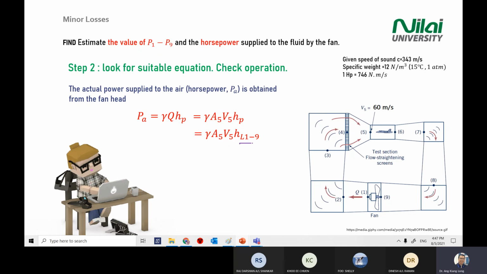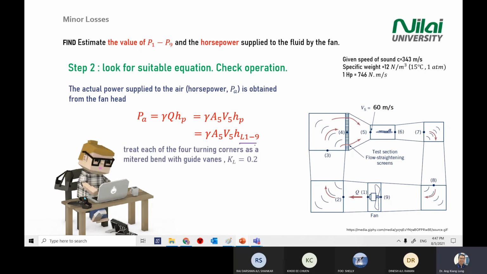Then you need to calculate your HL. Now, for the KL of each corner, the KL for the guide vane, we assume the value is 0.2, using what we covered in the lecture.